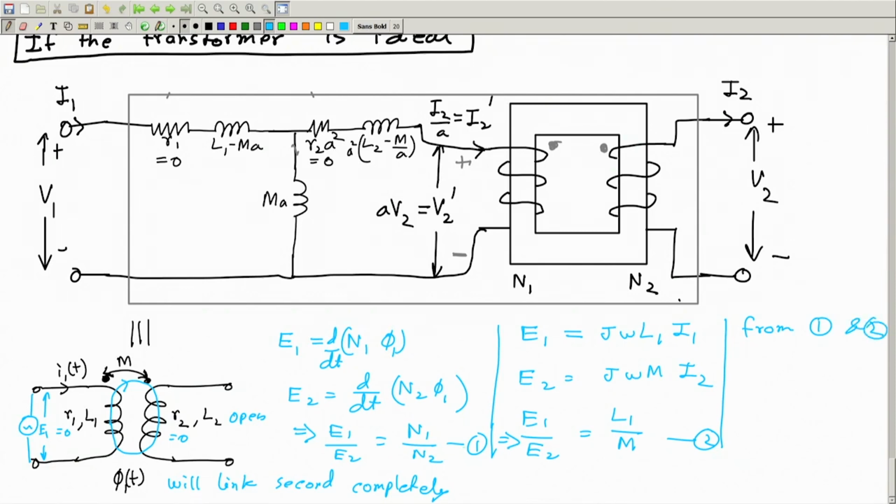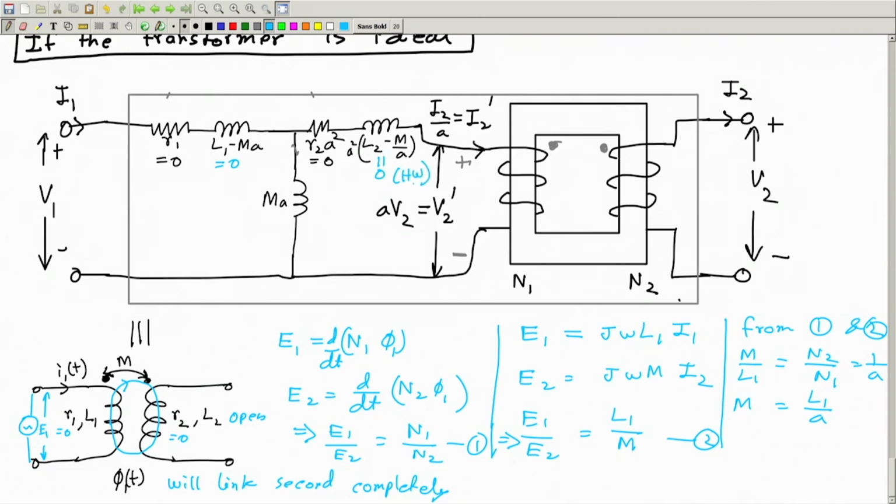Now if this is true, this is also true, then from this and this, we can write M by L1 is equal to N2 by N1, or 1 over A. So M is equal to L1 by A. Okay, and now if we put the value L1 by A, you see this is becoming 0. Similarly, as homework, you can show that this is also equal to 0.